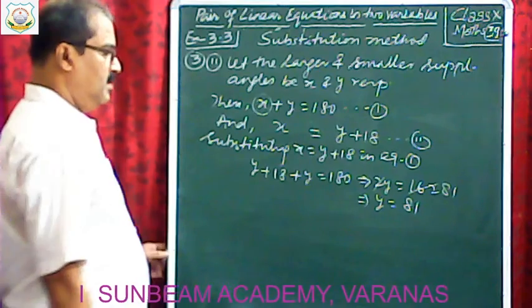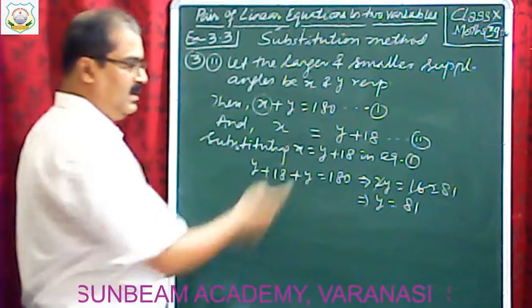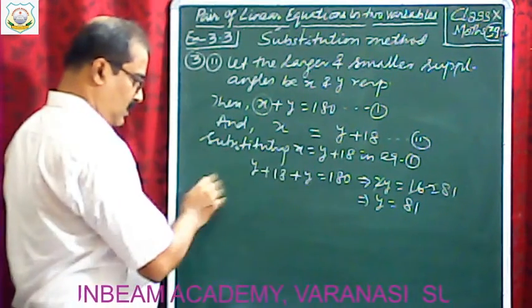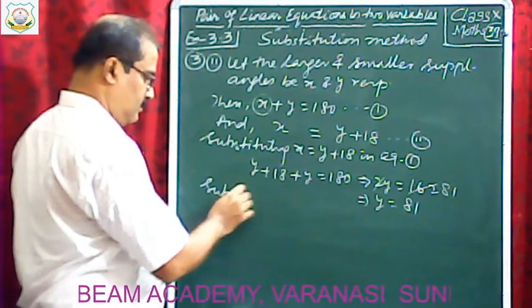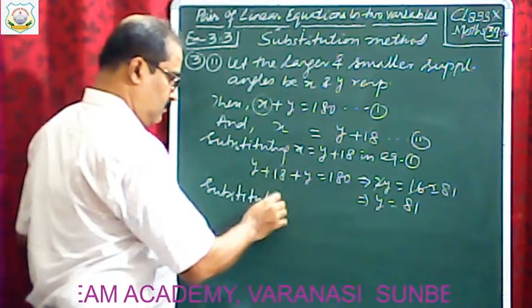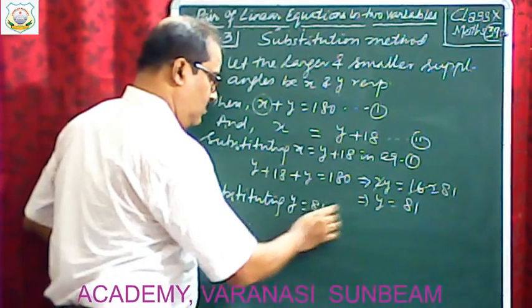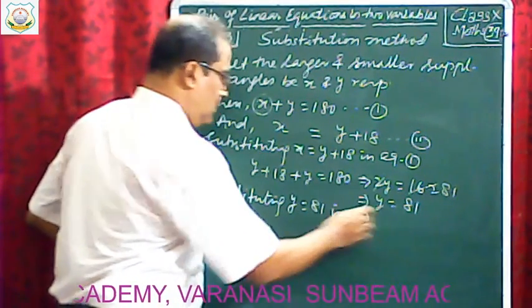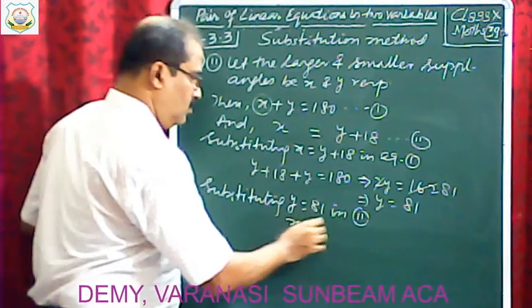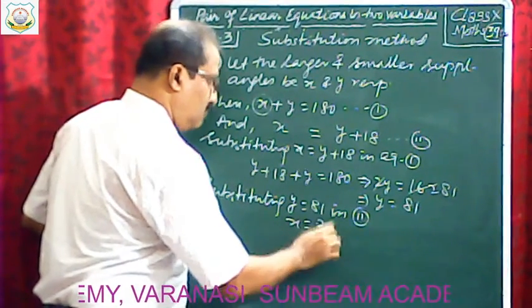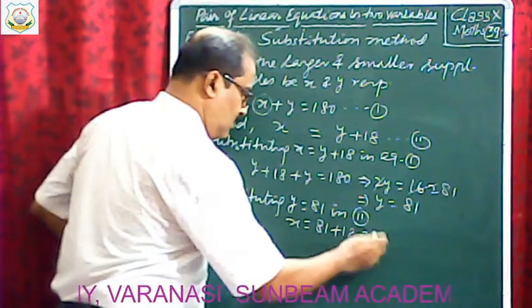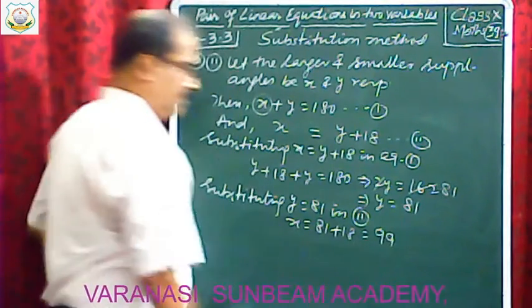Okay, thereafter you have to put the value of y equal to 81 in the second equation. Again you have to write, substituting y equal to 81 in second. So x equal to 81 plus 18, you get 99.